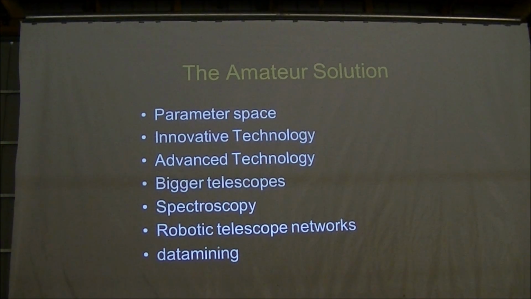Professionals are actually now making use of the innovative technology that's available through the commercial market for amateurs. So the nice go-to telescopes and CCD cameras that you can buy off the shelf, professionals are actually starting to use those. We used to have to build these cameras one at a time.